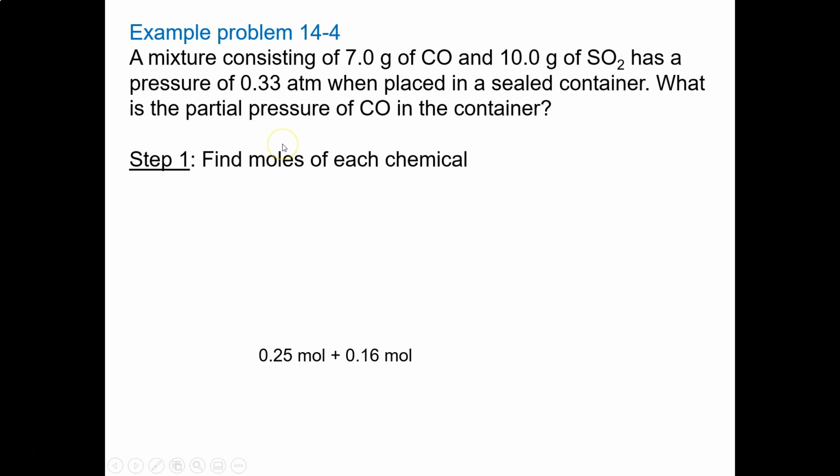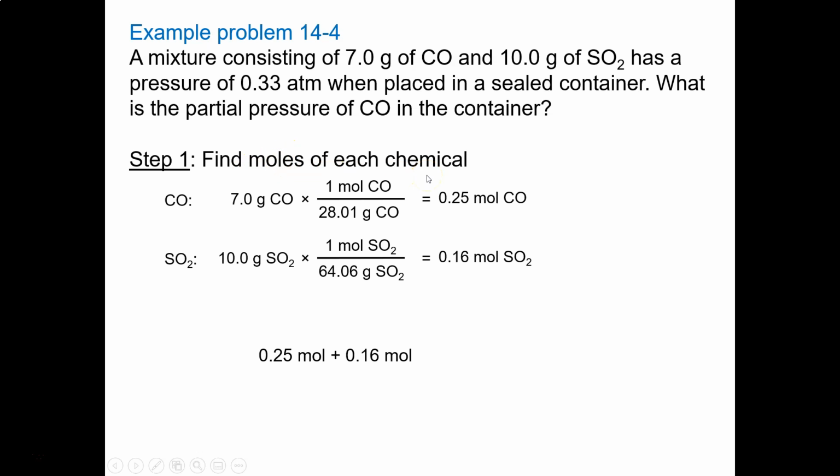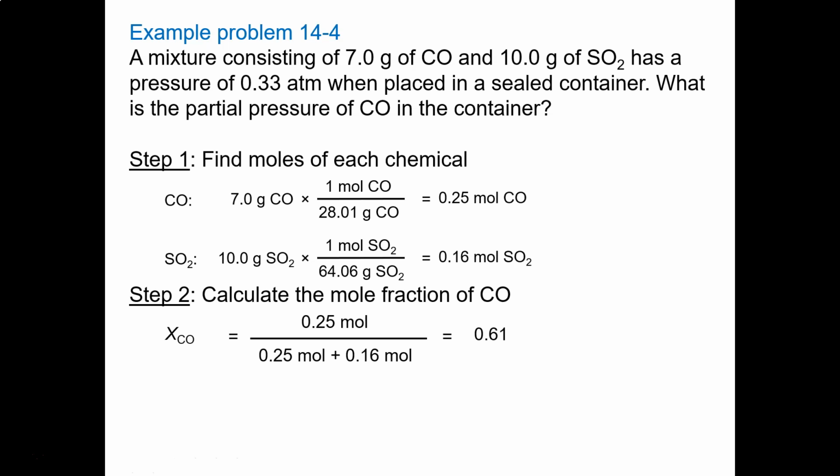So step number 1, since we're using mole fraction, we just find the moles. And we can find the moles of each chemical by just using the molar mass. After you've done this part, you can move on to step number 2. Then you can calculate the mole fraction for just carbon monoxide, which is CO. You can apply the equation that was in the last slide, giving you this.